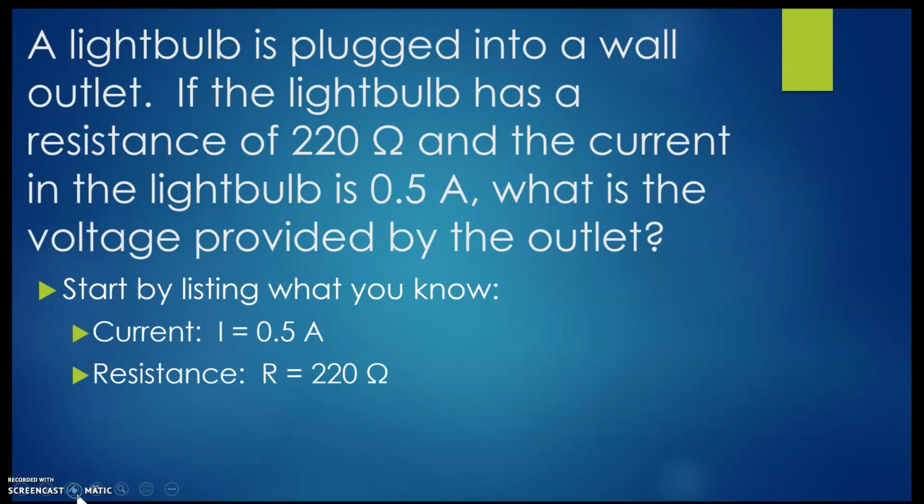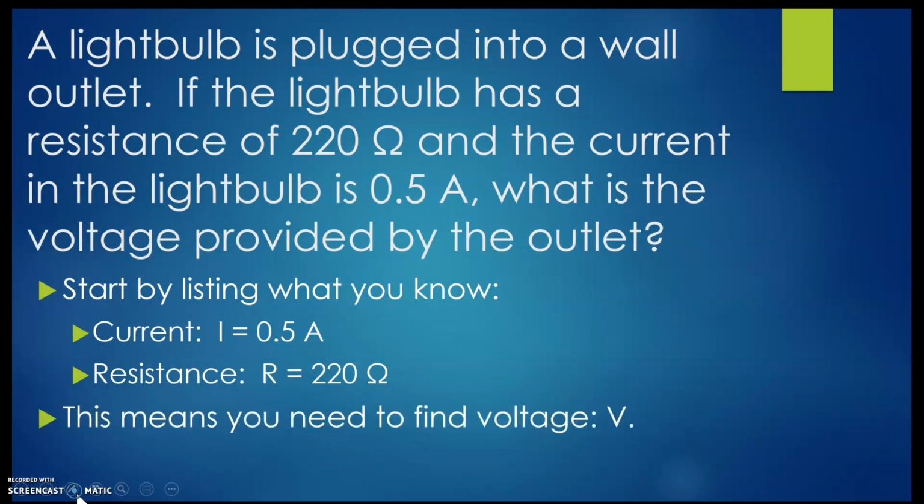So here we know that current, which is represented by the I in our formula, is 0.5 amps. And we know that resistance, which is represented by an R in our formula, is 220 ohms. Okay, this means that we need to find the voltage.